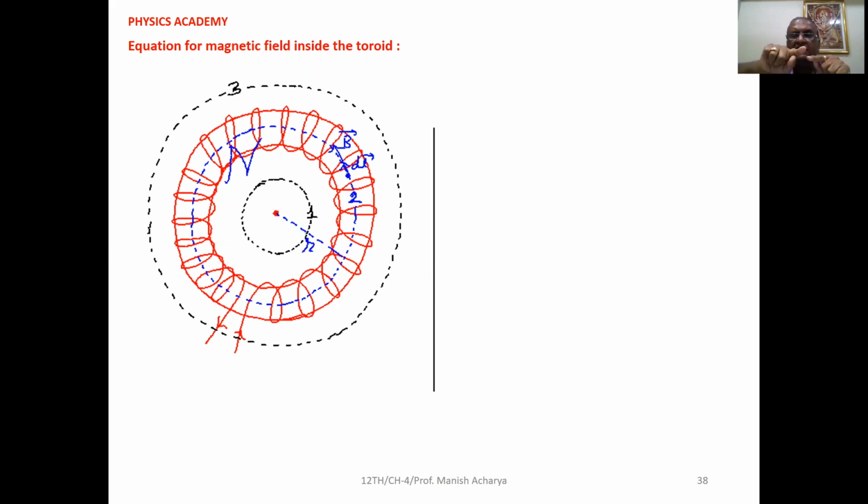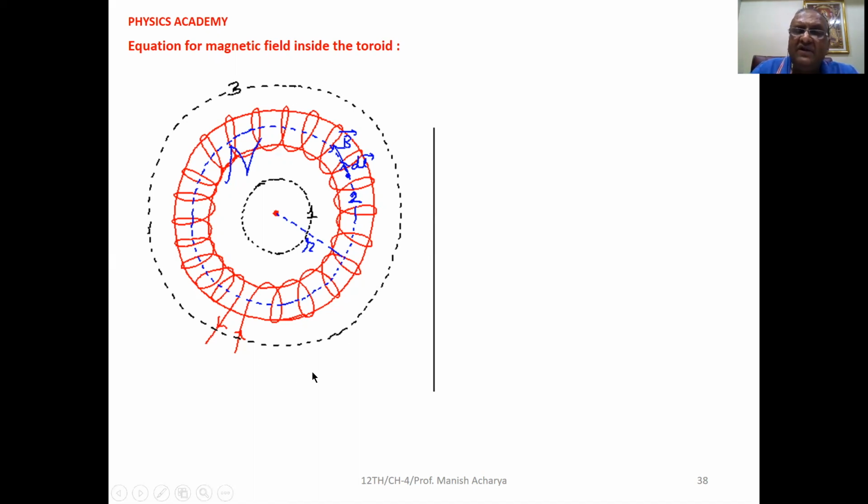Suppose the total number of turns in the toroid is capital N. Then total current NI enters the surface and total current NI leaves the surface. So the net current passing through the surface is again 0.